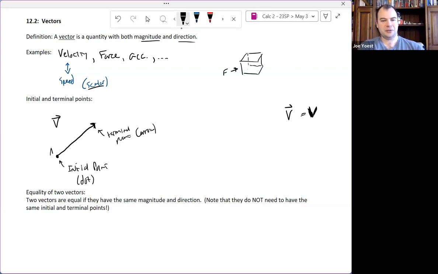Sometimes the points have names. We can call maybe the initial point A and the terminal point B. And we might say something like v bar equals AB bar. So sometimes we'll represent this vector that way by stating the initial and terminal points A and B with a bar over it. So the vector going from A to B.